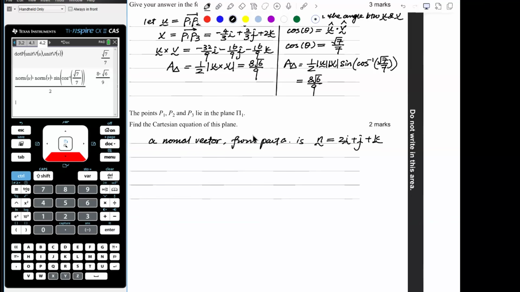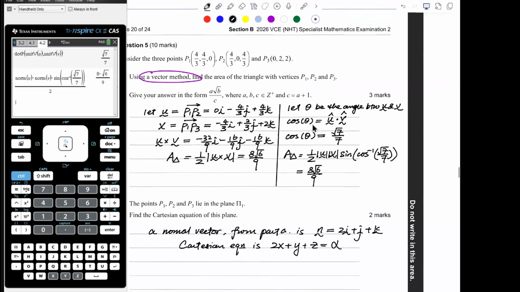All right. Now the Cartesian equation is 2x plus y plus z equals some alpha, right? To find this alpha, we need to substitute a point.